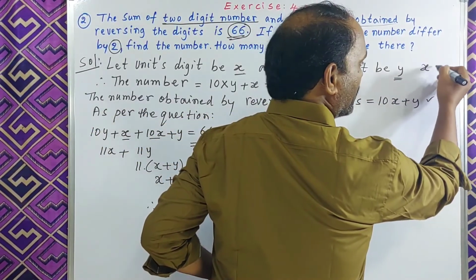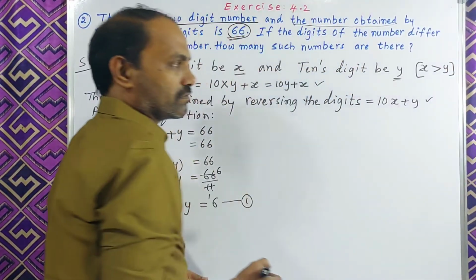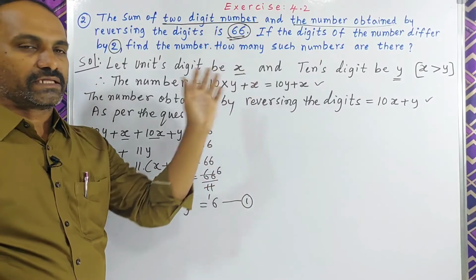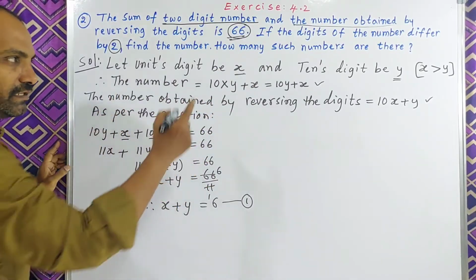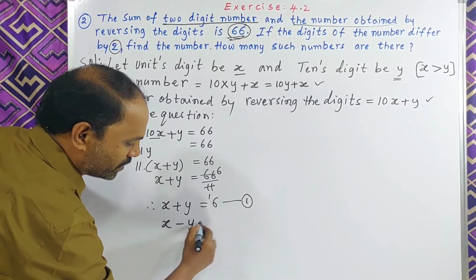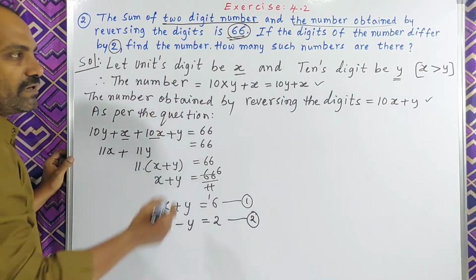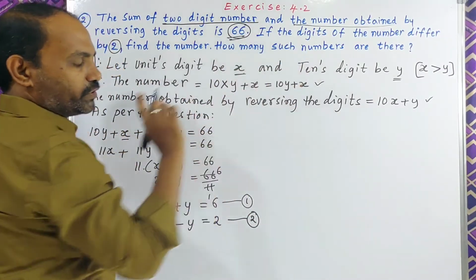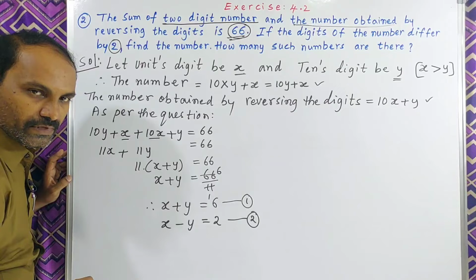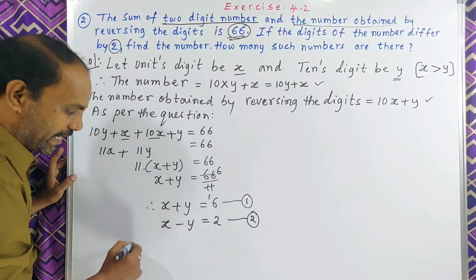One condition we forgot: x greater than y, also take that here. Then differ by 2 means the difference of these two is 2.